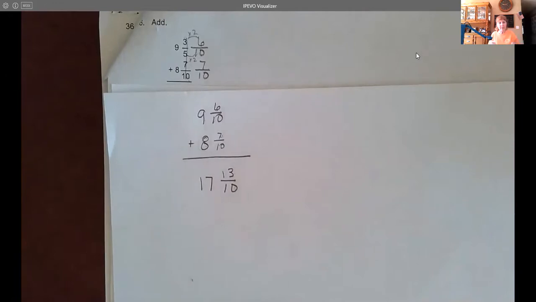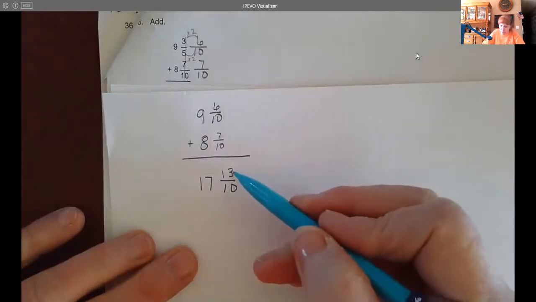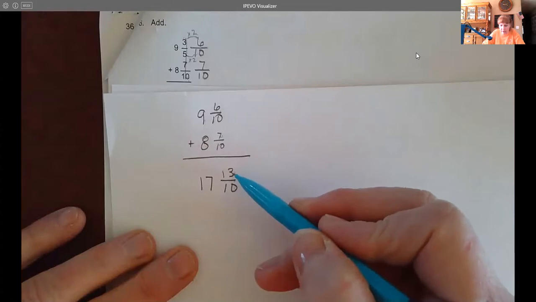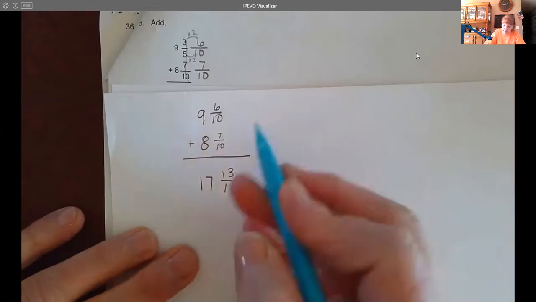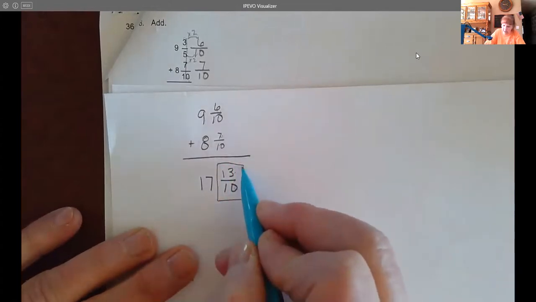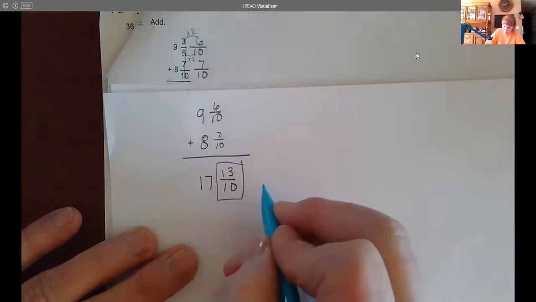Okay. If you stopped here, you would lose points. Actually, my math lab would count it wrong. So see if you can reduce it, but you cannot. Nothing goes into 13 and 10, but this can be written as a mixed number.